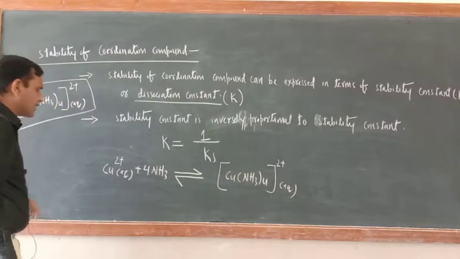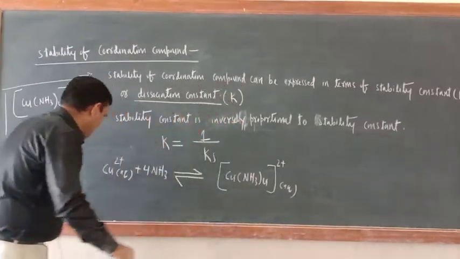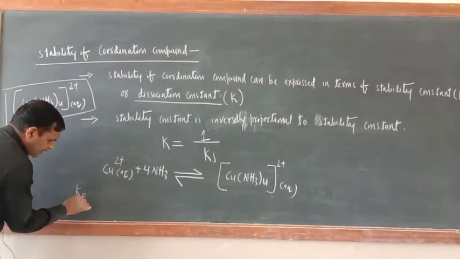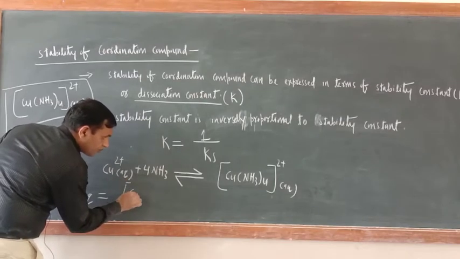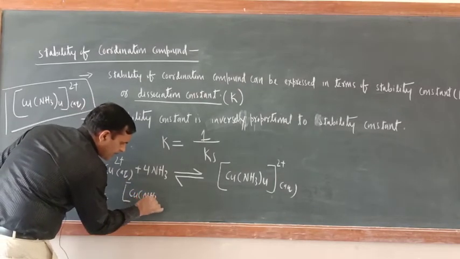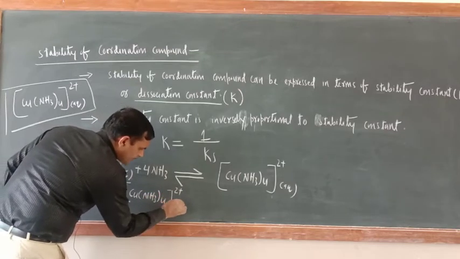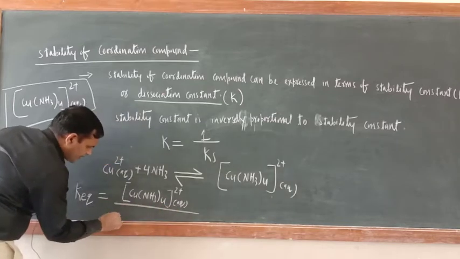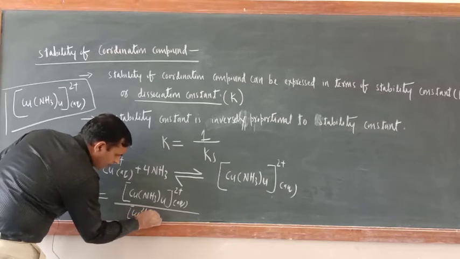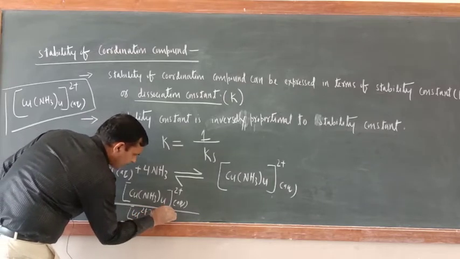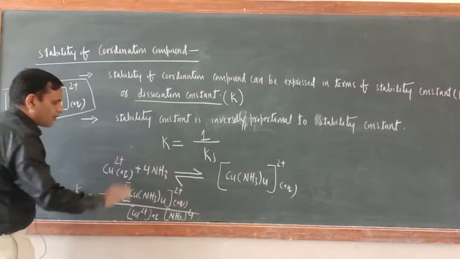Now just try to understand. In this equation we can apply the equilibrium constant. So just see, here I am writing Keq equals [Cu(NH3)4]2+ aqueous divided by [Cu2+] aqueous and [NH3] raised to the power 4.